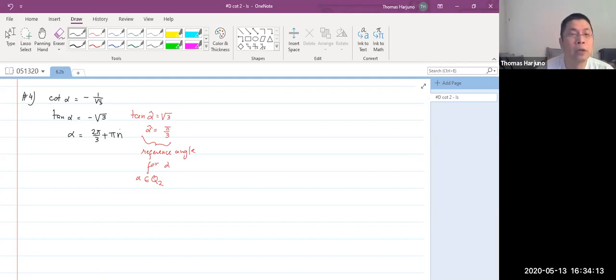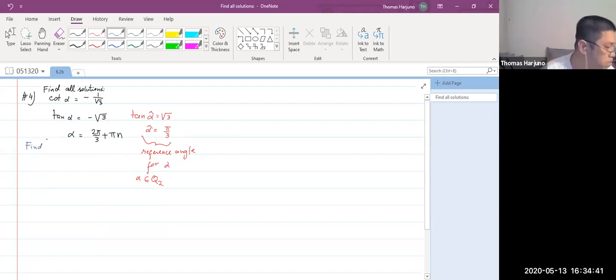Now, let me continue a bit with a follow-up question. Suppose in part A the question is find all solutions. And that's what we get. Now, suppose they ask this question: find the solution in the first period from 0 to 2 pi.